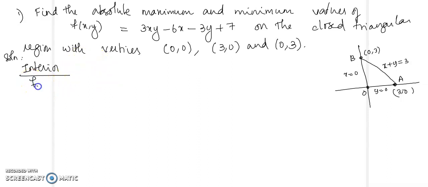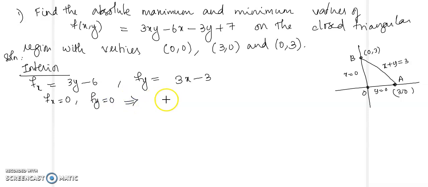Let us look at fx. fx will be 3y minus 6 and fy you will get as 3x minus 3. So fx equal to 0 and fy equal to 0 will give (x, y) equal to (1, 2).